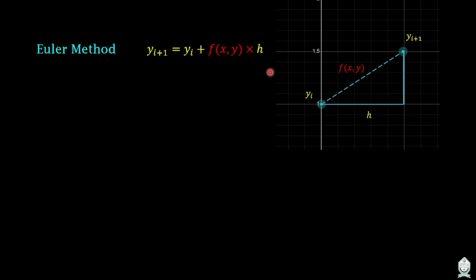Here all the values are known to us. h is the step size, which is the regular interval after which we are looking to find the value of y. Here we use the slope of the approximated function at this starting point, and following that slope we reach the next approximated value on the graph paper.